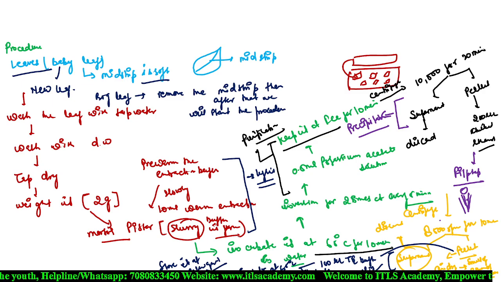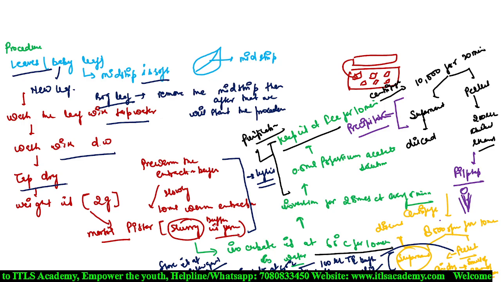Baby leaf means that we take a big leaf, but we remove its midrib, then we perform our experiment. Now we wash that leaf with tap water, then with distilled water, and we stand dry. After that, we weigh the leaf, 2 grams. Meanwhile, we warm the extraction buffer.